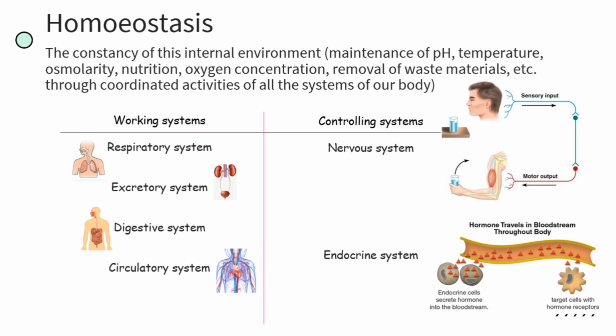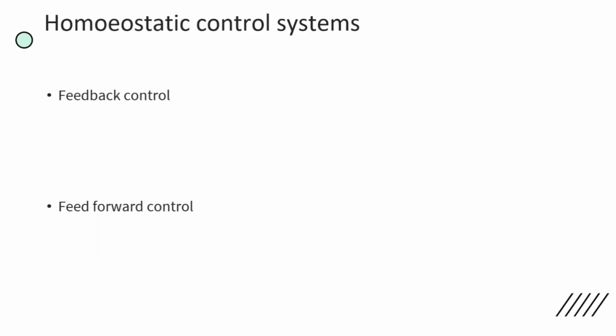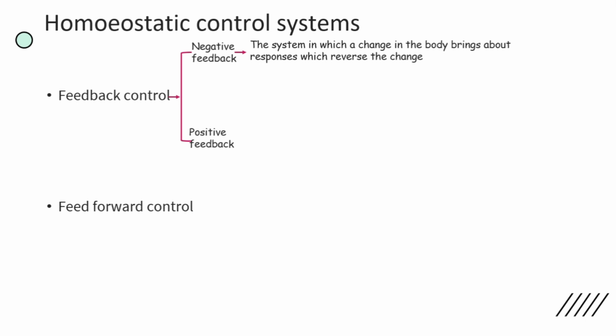Now there are two basic homeostatic control systems, feedback control and feed forward control. The feedback control is of two types, the negative feedback and positive feedback. First of all, negative feedback control. The system in which a change in the body brings about responses which reverse the change is called a negative feedback system.